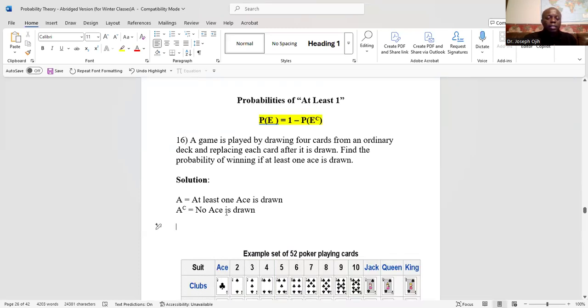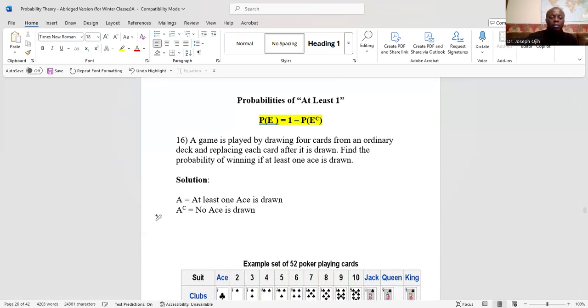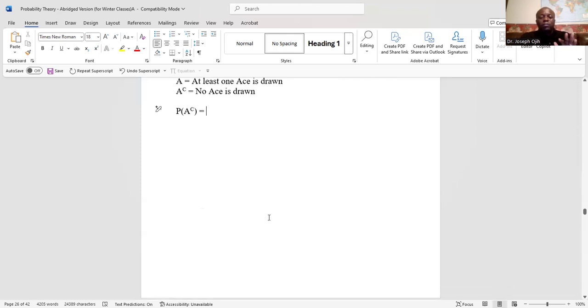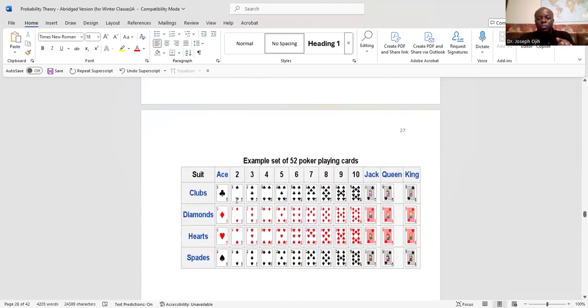So let's start by getting the probability that no ace is drawn, that is A complement. No ace out of these 52 cards: if you remove the 4 aces, how many cards are left? 48, I believe.